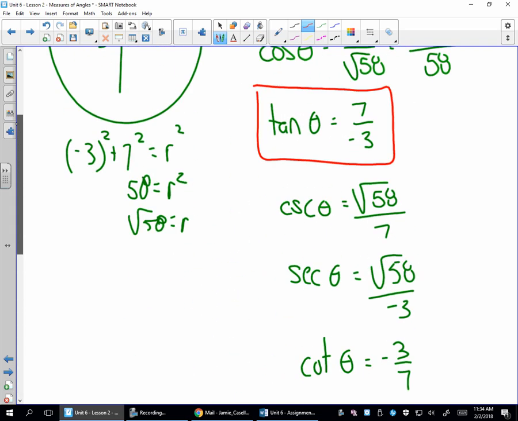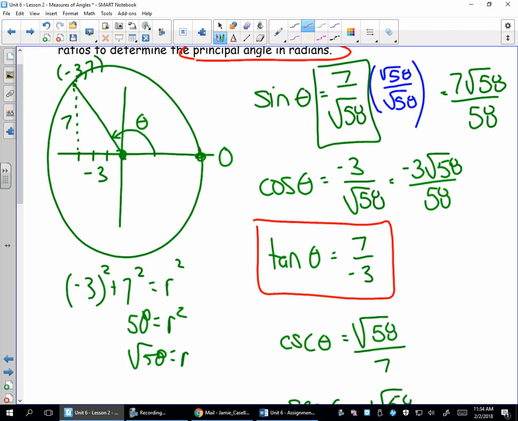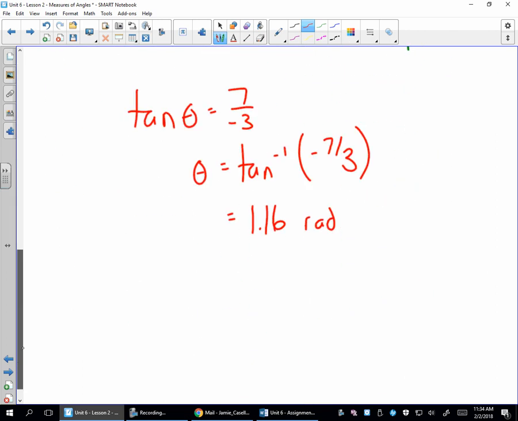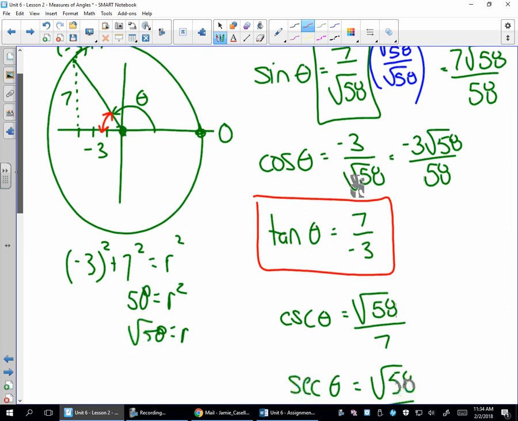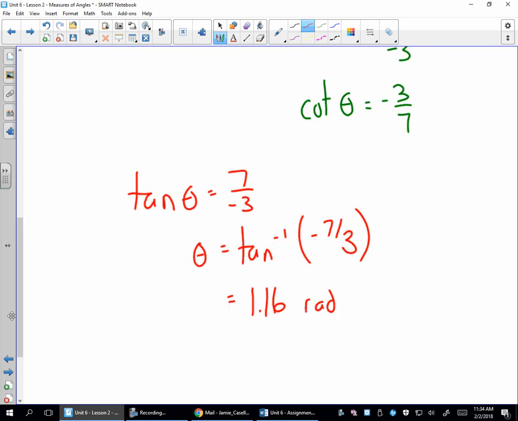You might recall when you use your calculator, it always finds us the acute angle. The angle inside the triangle. So some people's calculators will give them the answer we have down here, 1.16. Other people's calculators might not. So my suggestion is when I'm using a calculator, I'm going to ignore the sign.